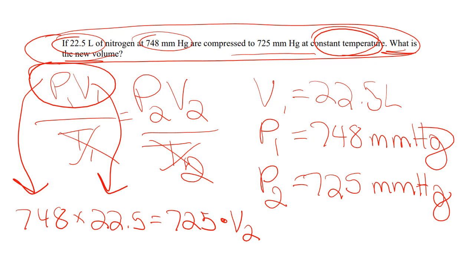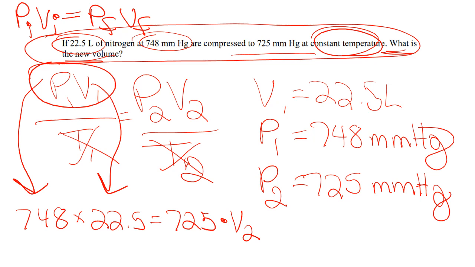So again, we're eliminating temperature. We have an initial and final. Sometimes you'll see teachers write initial, volume initial, pressure final, volume final. So 1 is essentially initial. So this is 748 times 22.5 divided by 725.